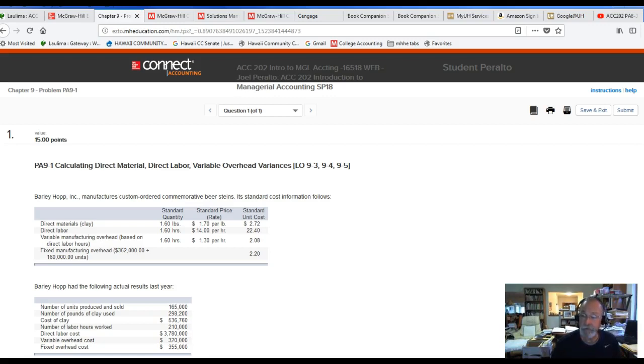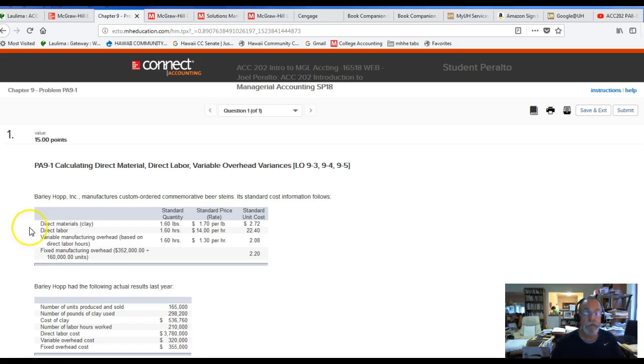What's more important is that you are able to find a reference and use it. So in our case, the reference would be the textbook, and the textbook for this material provides excellent diagrammatic types of examples. Exhibits 9.5, 9.6, 9.7, and 9.8 basically walk you through it and give you the simple formulas you need to be able to calculate these variances.